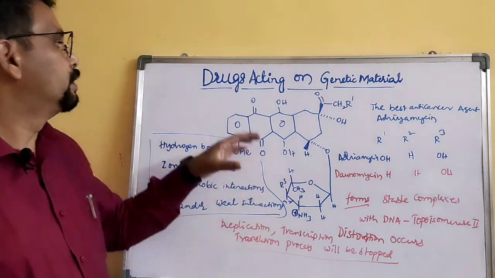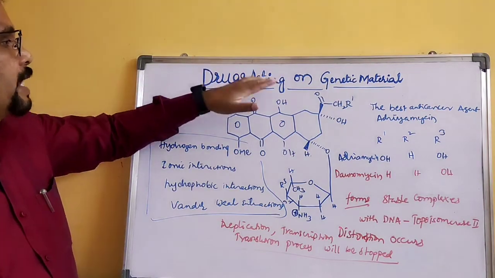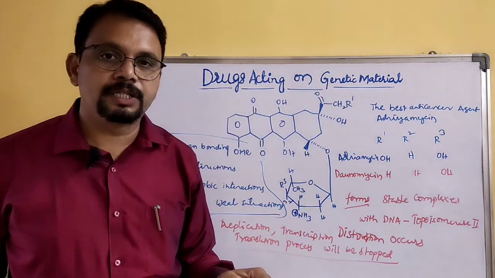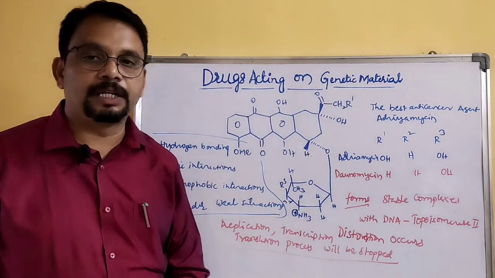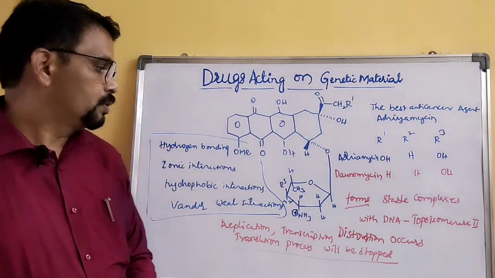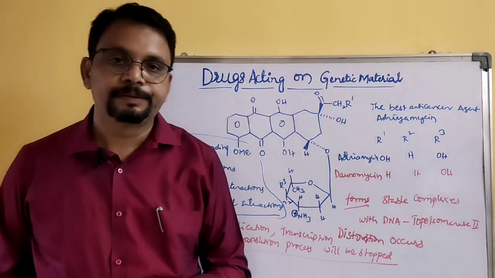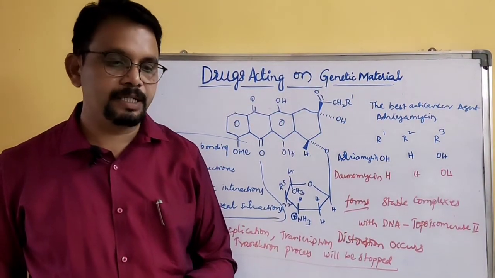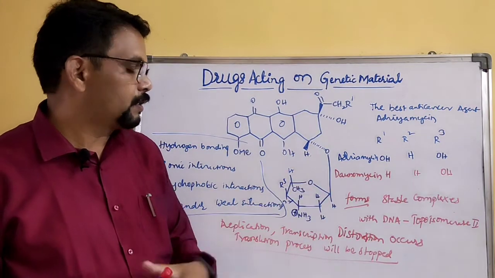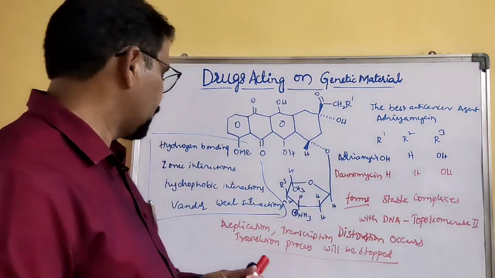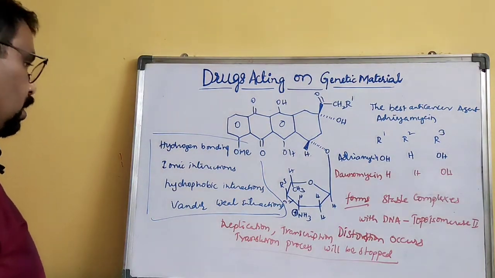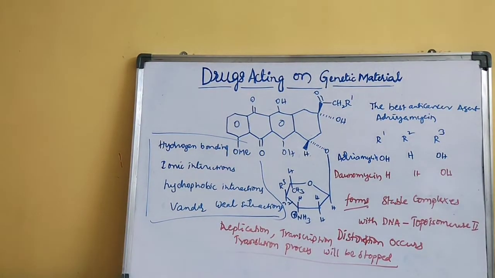That's how these drugs can act as anti-cancer agents by acting on genetic material like DNA. So these are the things you need to remember, and I will continue in the next class about the remaining things. Before that, I'll also explain some kinds of classification.